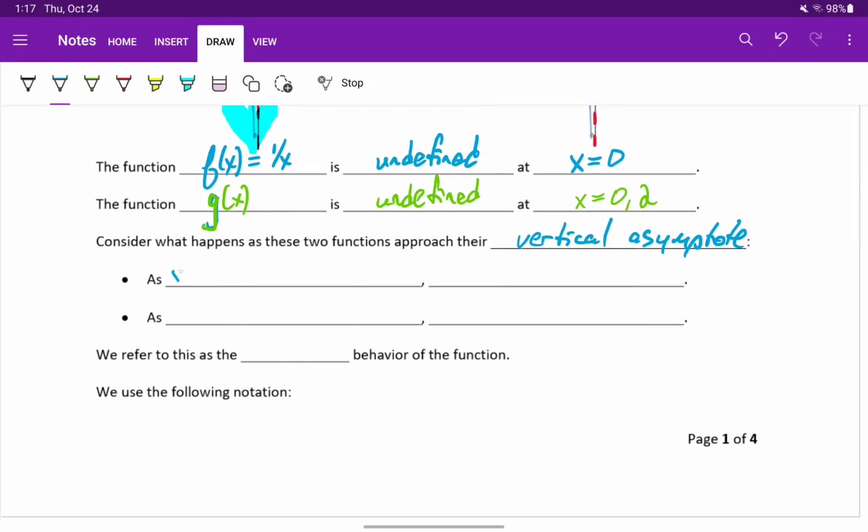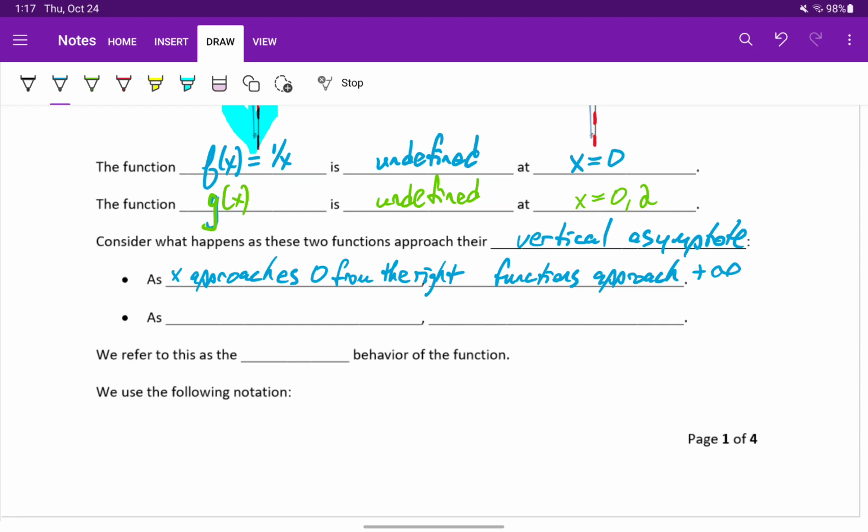So this means that as x approaches 0 from the right, our function, or both functions really, approach negative infinity. I'm sorry, that should be positive infinity.